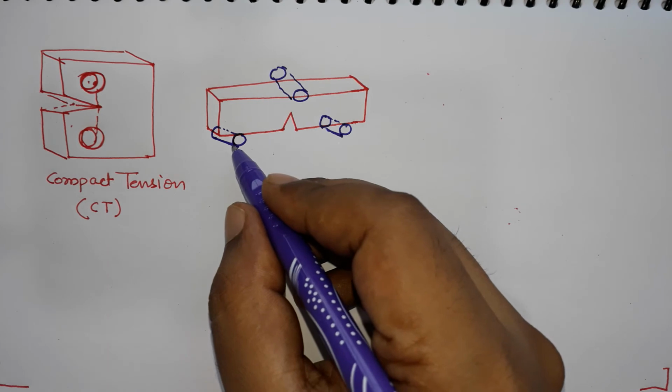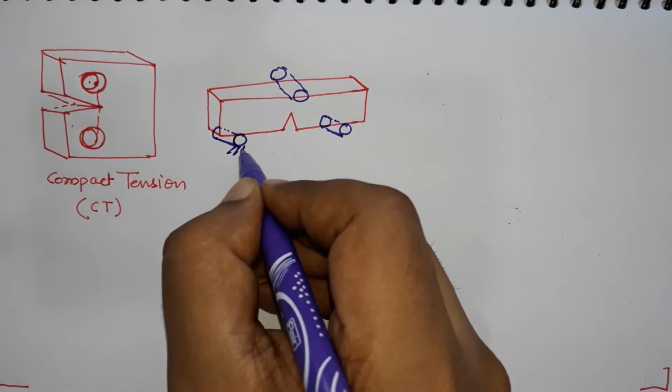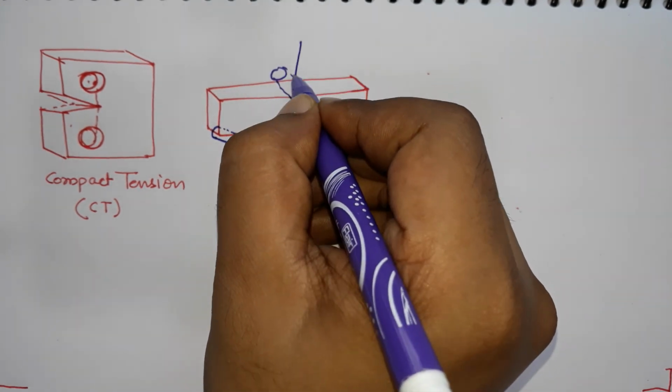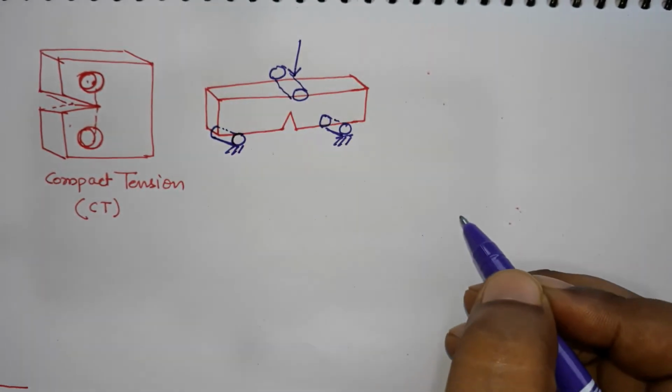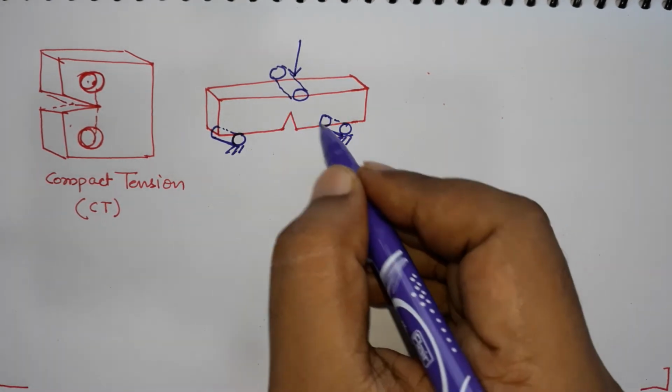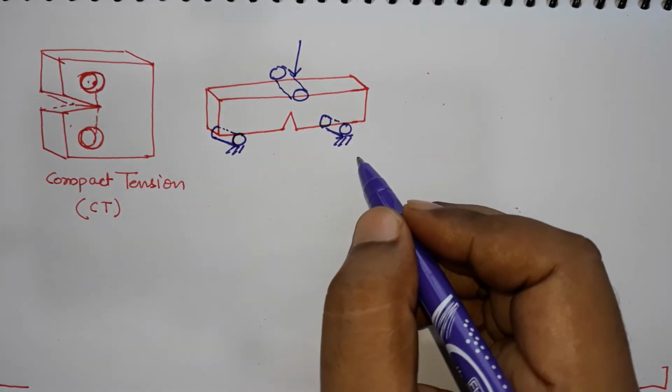These two are fixed, and this one you are pushing down. This is called 3-point bending because you are bending it.